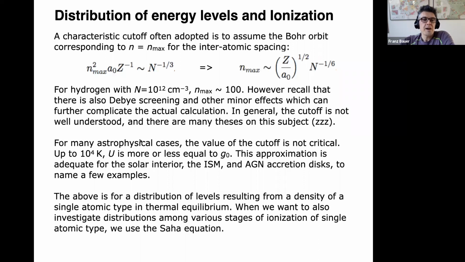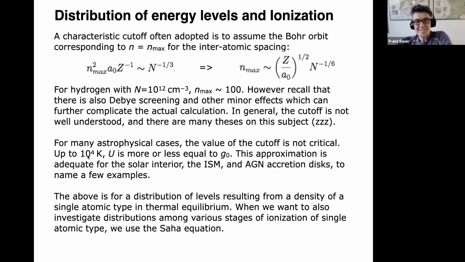So in general, when we talk about astrophysical cases, this cutoff is not critical. And if we think about temperatures up to 10 to the 4, our partition function is more or less still going to be equal to g naught. So even at 10 to the 4, most things are going to be in the ground state.